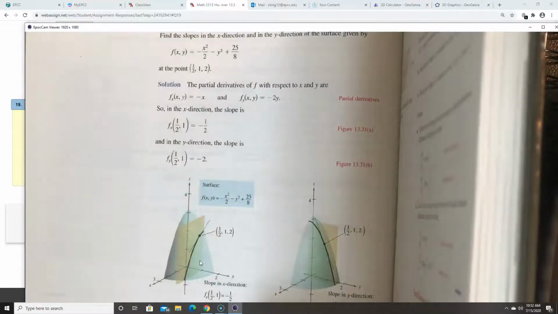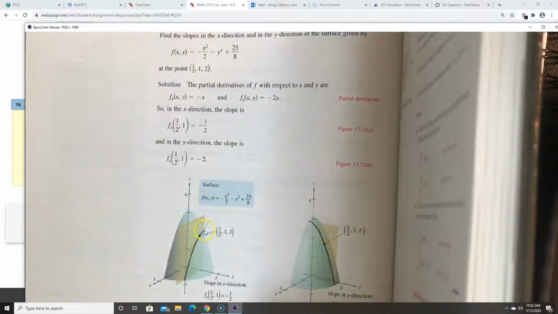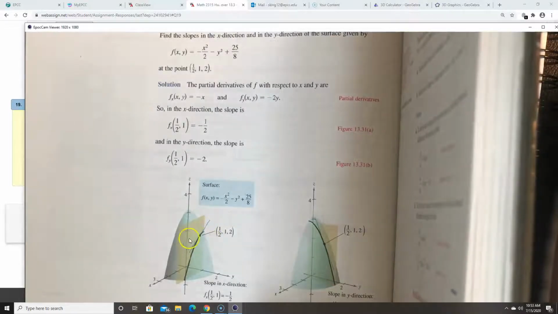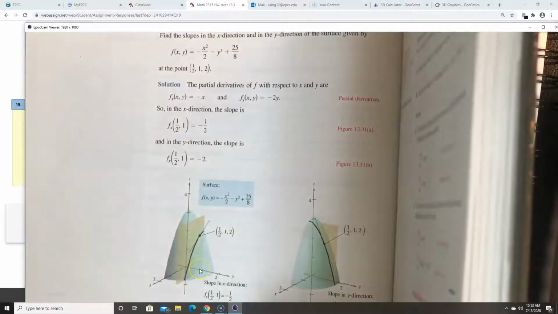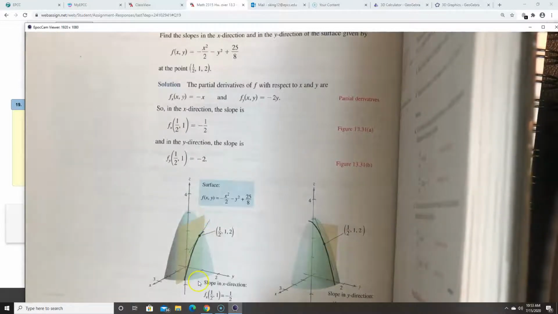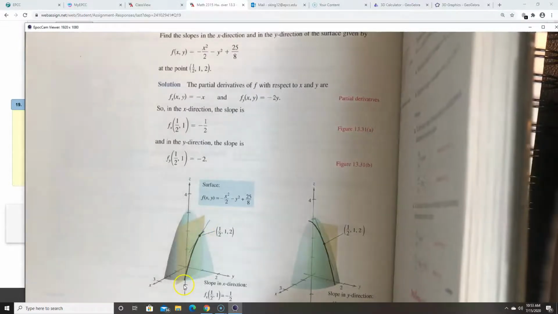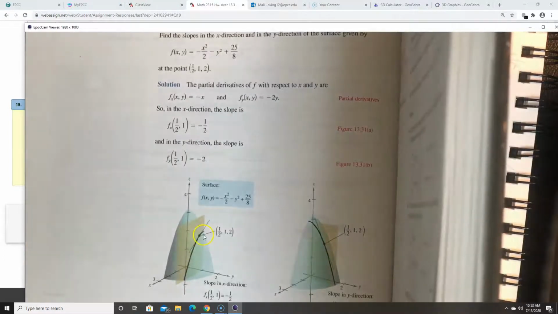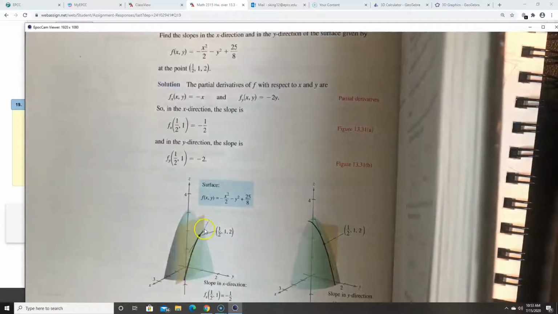This plane right here is parallel to the x-axis at y equals 1. This plane cuts through the surface, and the intersection of that plane and the surface is this curve right here. It's not showing all of it. This keeps going down forever, but it's showing enough.